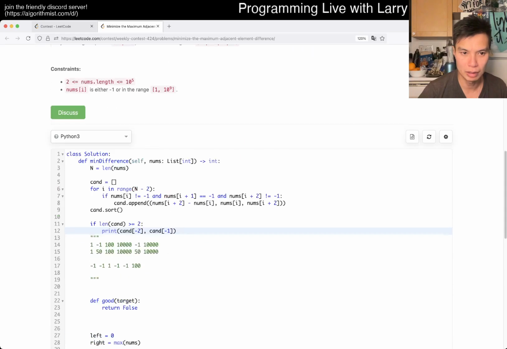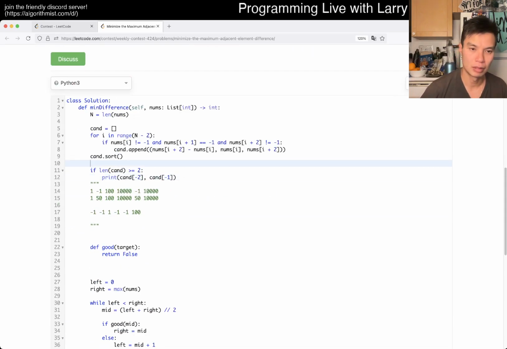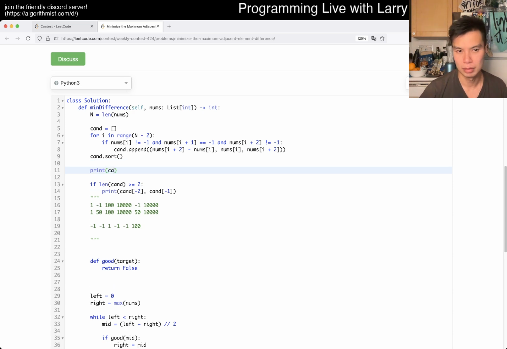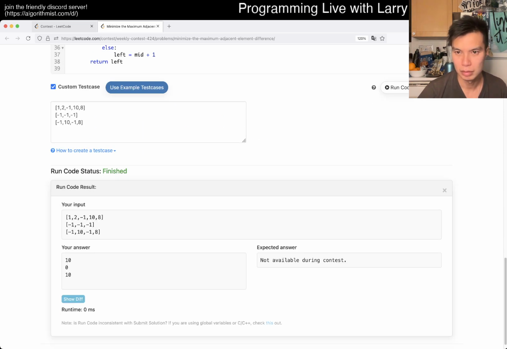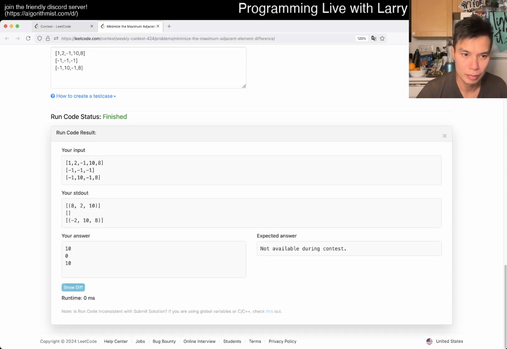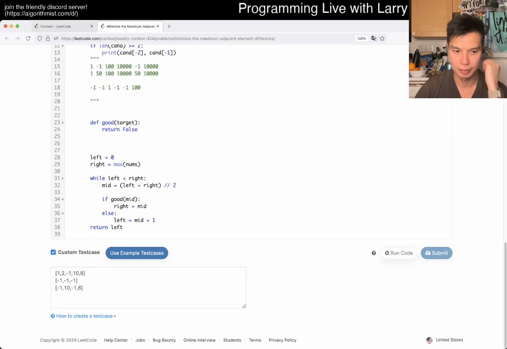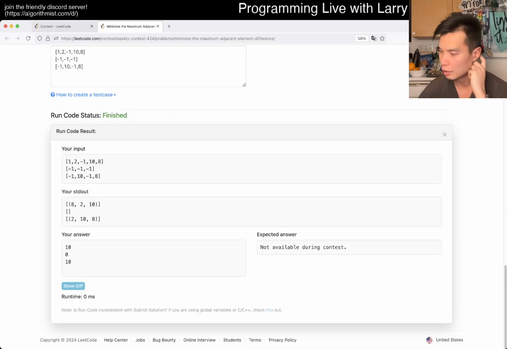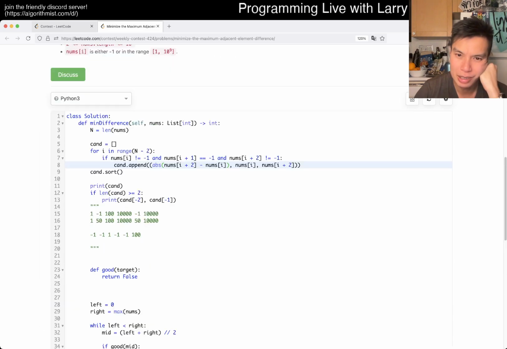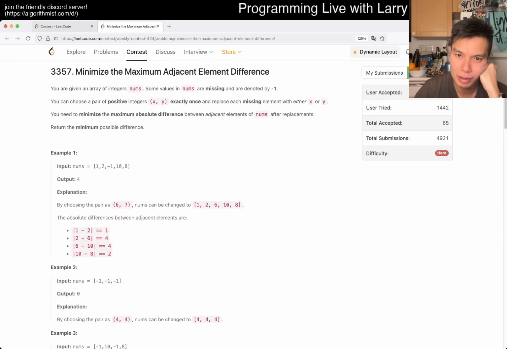If it's 1, then the gap is 8. You have 2 and 10, and this should be an absolute value apparently, which is fine. So okay, then it's just about choosing 2 of these, right? I think the odd even thing is a little bit odd, but that's fine.